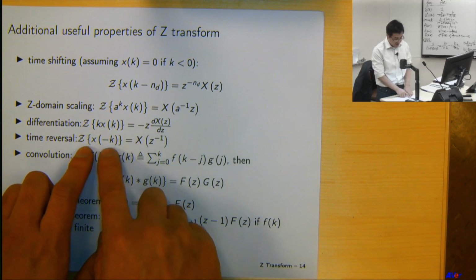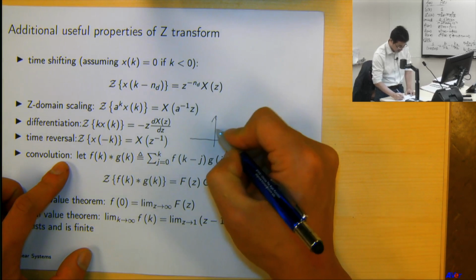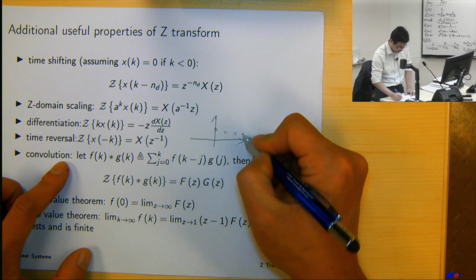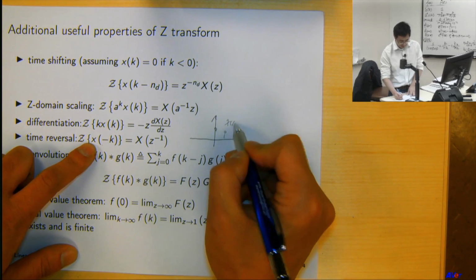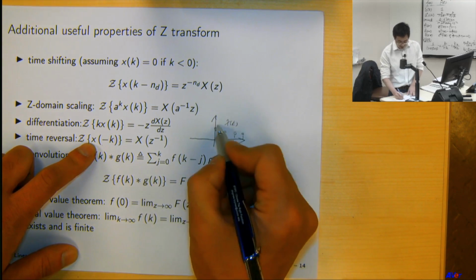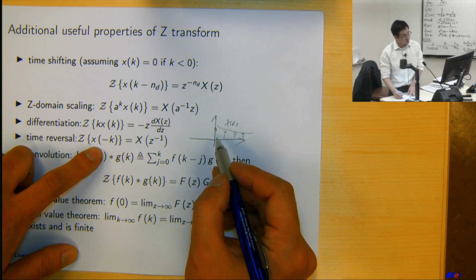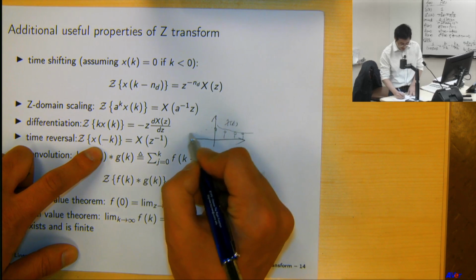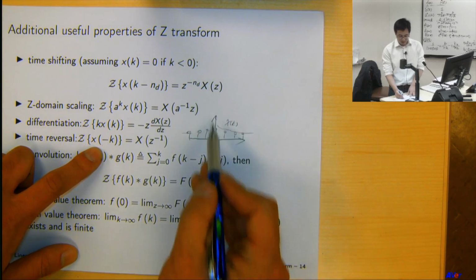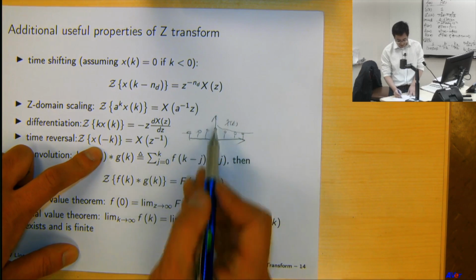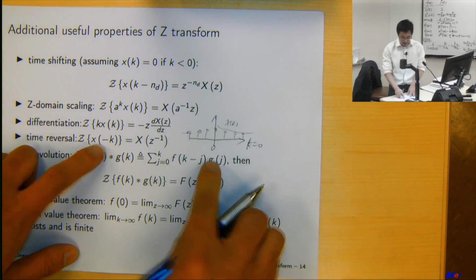The idea is, if you have a sequence x(k) like this, which goes down to here, converging to 0, and you create a new sequence by mirroring, symmetric to this k equal to 0 line, you get a new sequence.